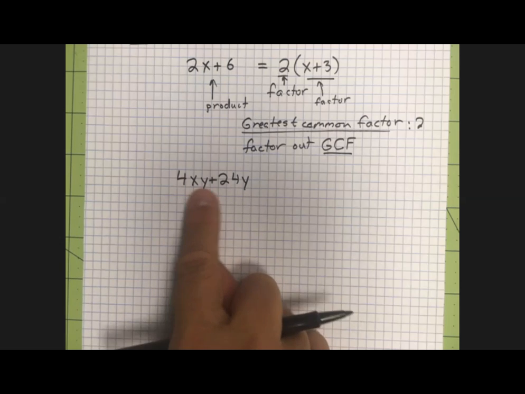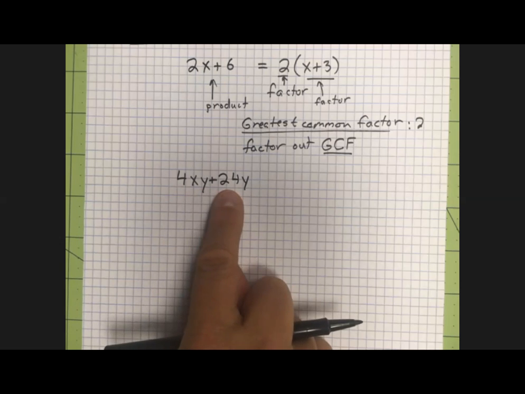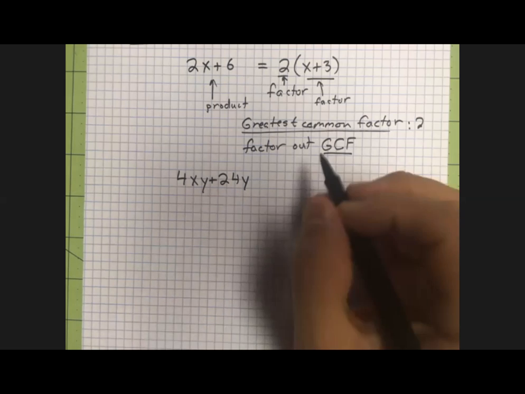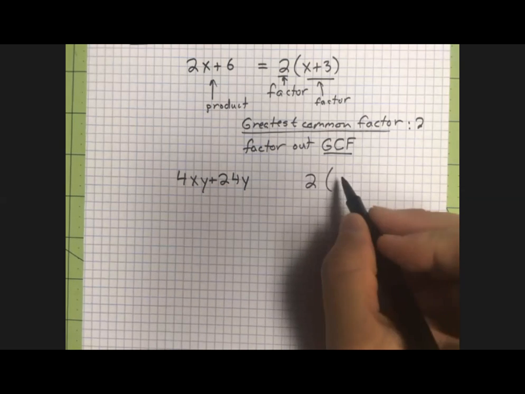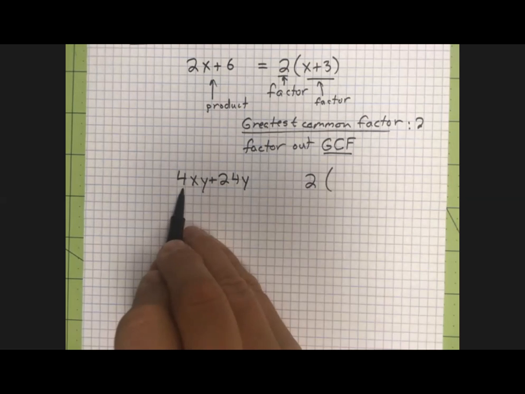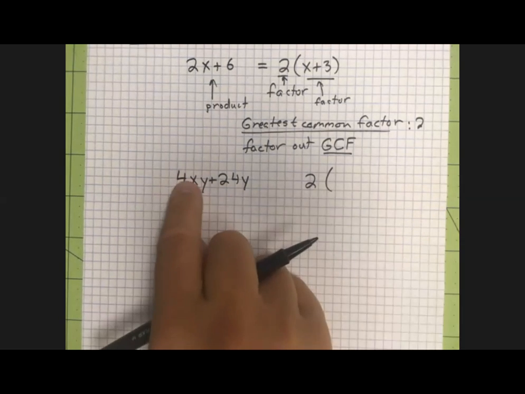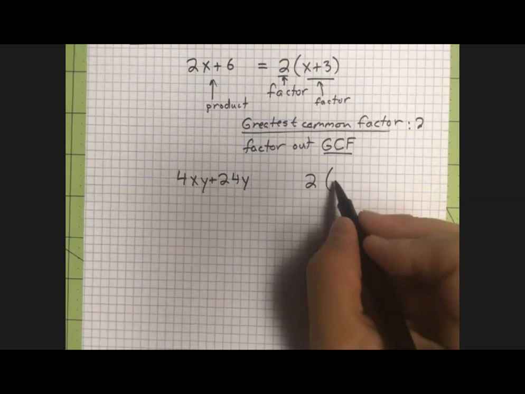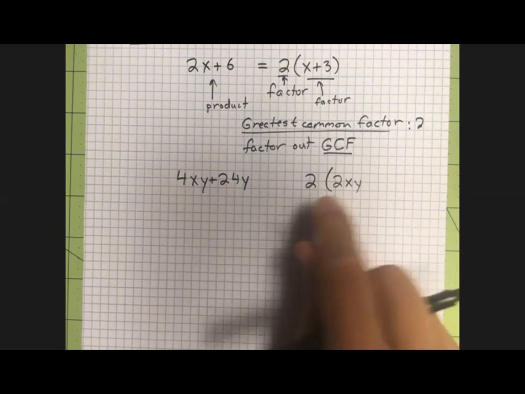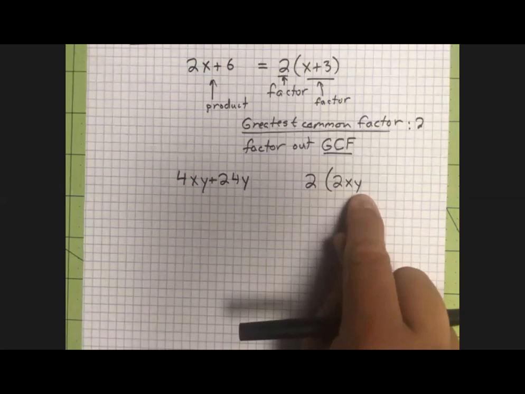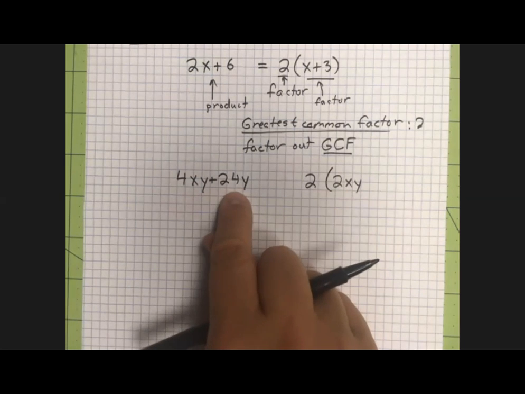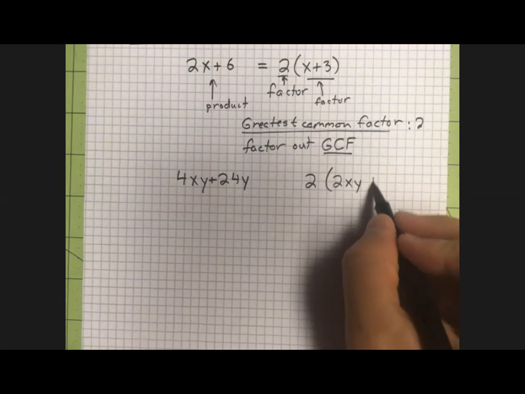It's clear that they both have a 2. So there'd be nothing wrong with me writing 2 times, and then tell me what's left over. If I remove a 2 from 4xy, I pull it outside, it's like dividing by 2. I'd have 2 times xy left. 2 times 2xy is 4xy. Pull a 2 out of here, divide this by 2. I have 12y.